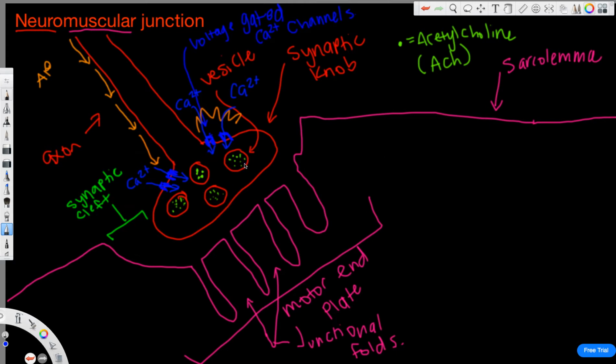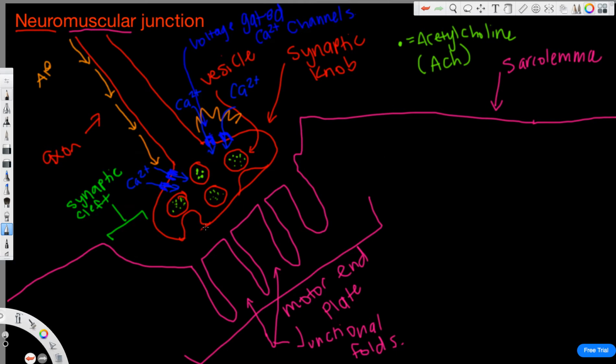So what I'm going to do now is draw vesicular fusion and acetylcholine release. So let's grab a red. So now I'm going to have a couple of my vesicles coming down here and fusing with my membrane.